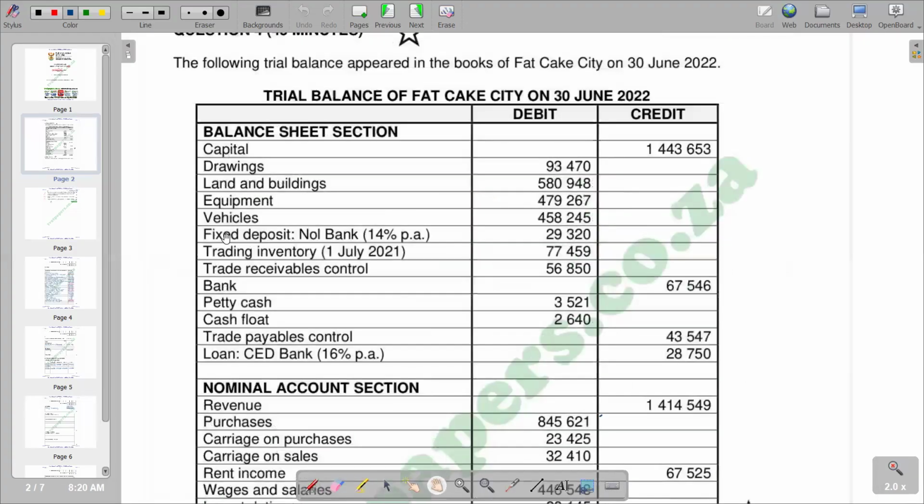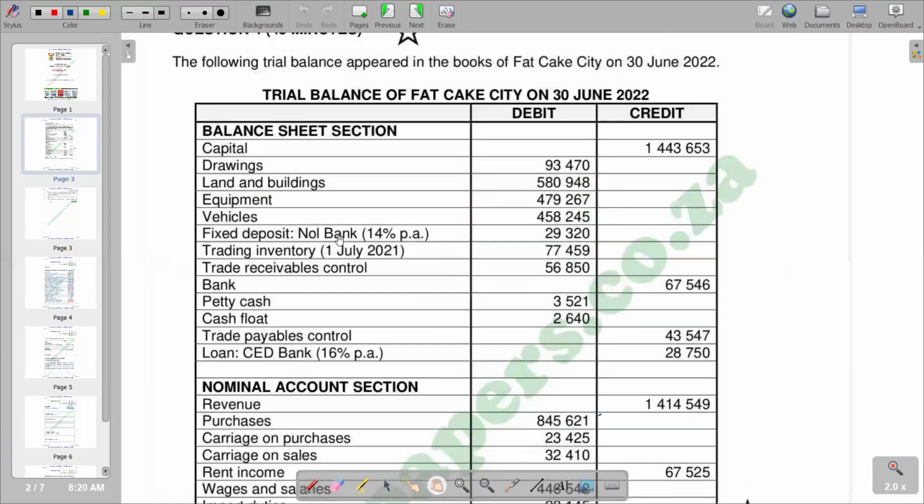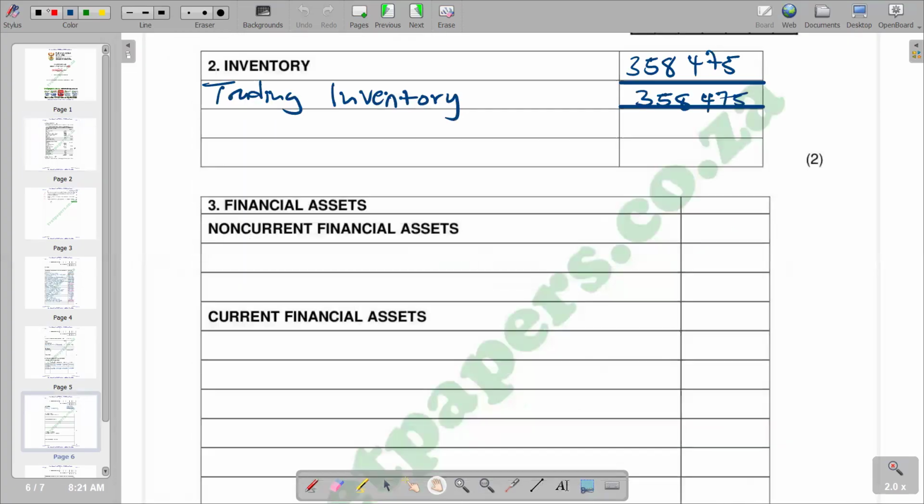we see that we've got fixed deposits, No bank, 40% per annum. We've got 29,320, which is a non-current financial asset. Then 29,320, which is fixed deposit. So we come here and we indicate that one, whereby we are saying fixed deposit.